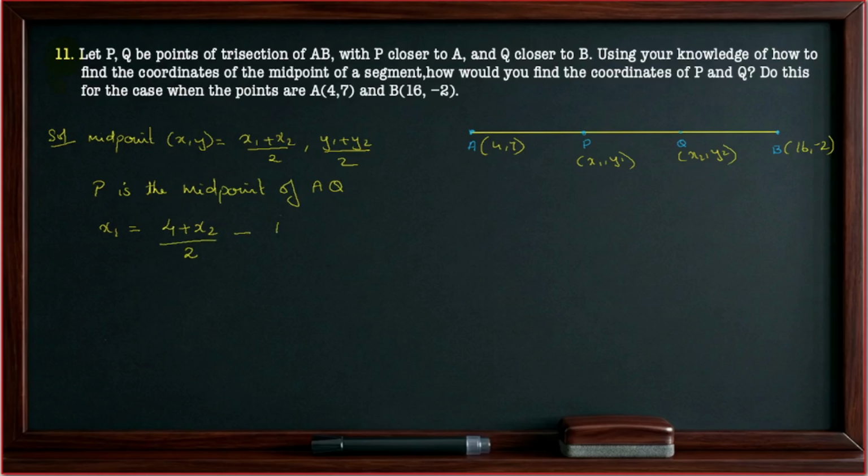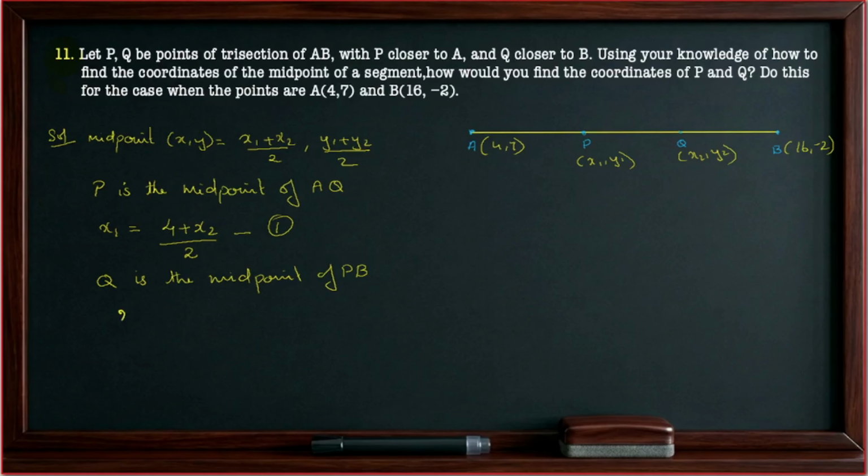And this is equation number 1. So here first we are going to find the x coordinates of both P and Q. Okay, now if you take this line segment, that is PB, here Q is the midpoint, right? So we can write Q is the midpoint of PB.